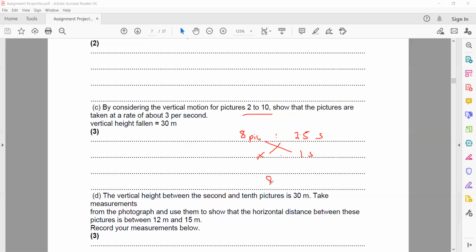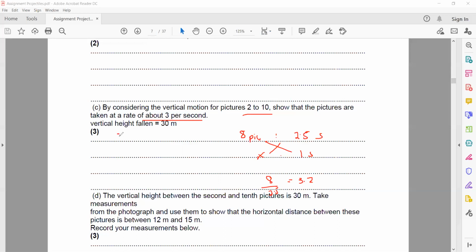Cross multiply, so it will be 8 divided by 2.5. What's the answer for 8 divided by 2.5? That will be about 3, approximately 3. When they say about, your answer should be similar to that, like 3.1, I guess. Is it clear?